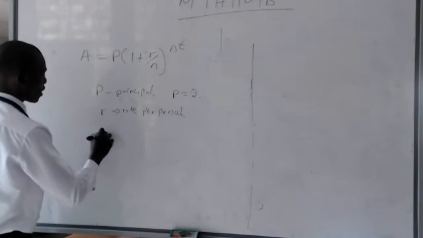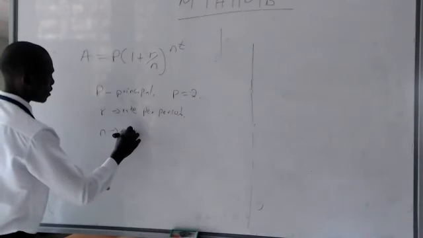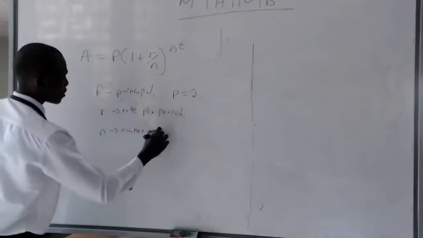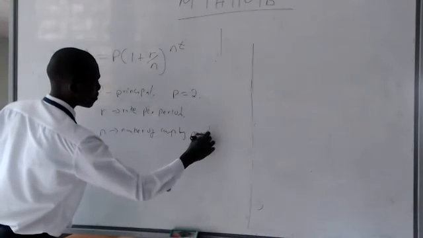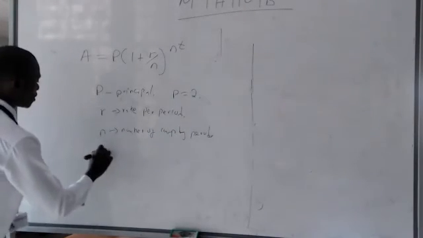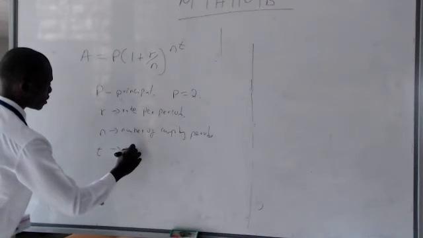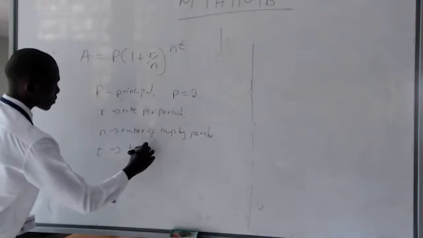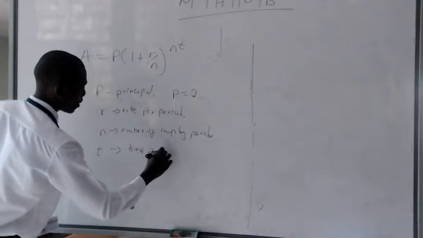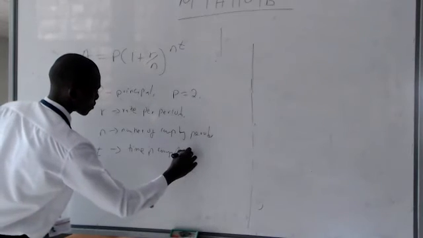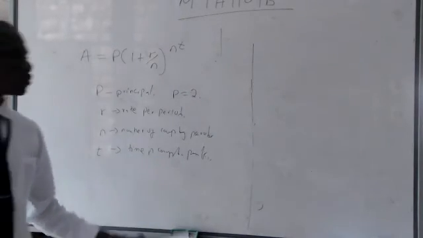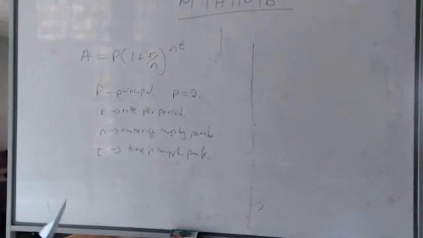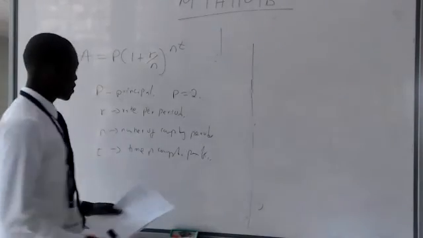And then N is the number of compounding periods. T is the time in compounding periods. So the time could be days, years, months, hours, or seconds.